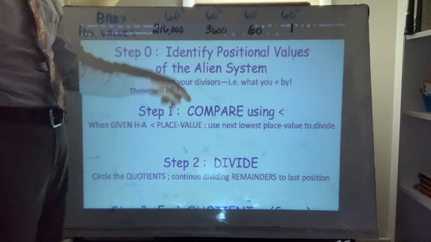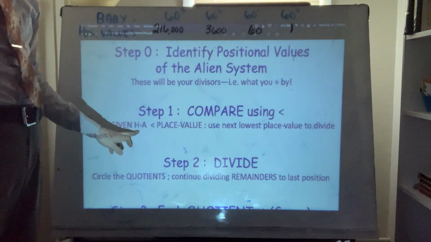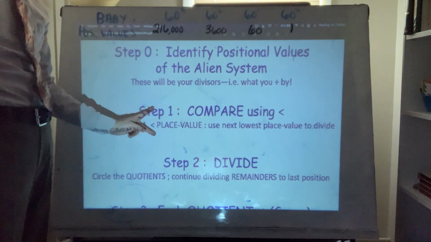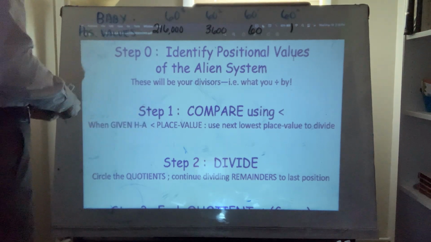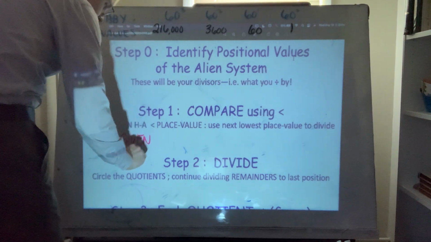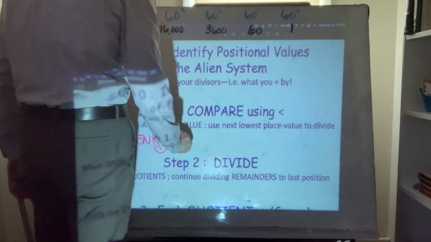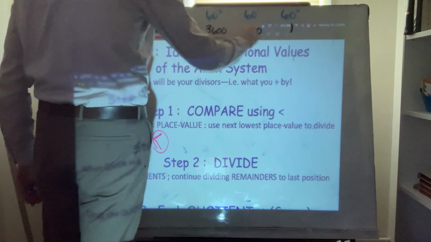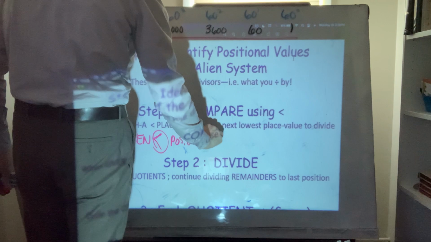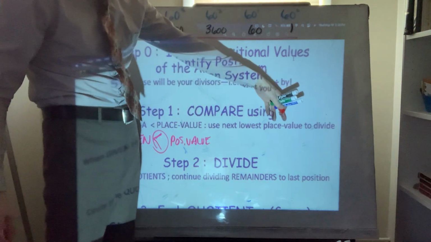Step 1 would be to compare these values to what is given to you in Hindu-Arabic. So when this situation arises, that the given value is less than the position value, don't use it to divide, use the next lowest place value to divide.